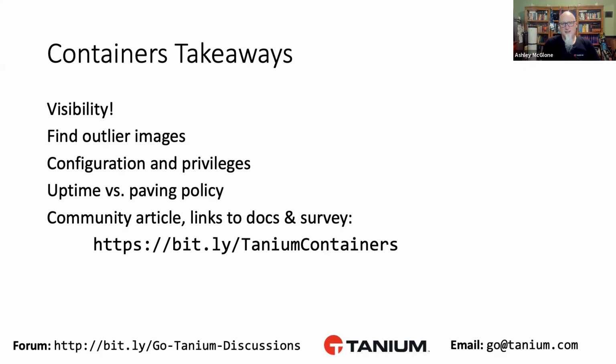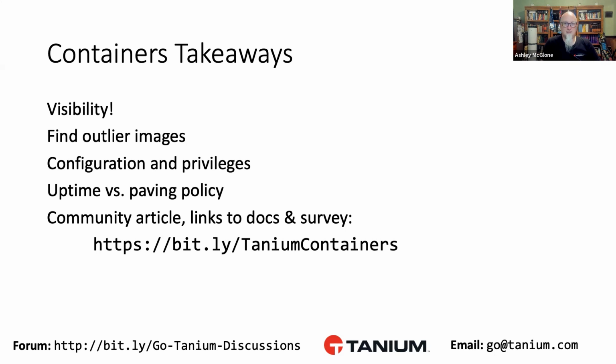So I have a slide here with some quick takeaways just to wrap things up. So like Adam said, number one use case here is visibility. We can see things we couldn't see before. That's important. Number two, we can find those outliers, those machines that have been like the paving policy uptime issues, right?